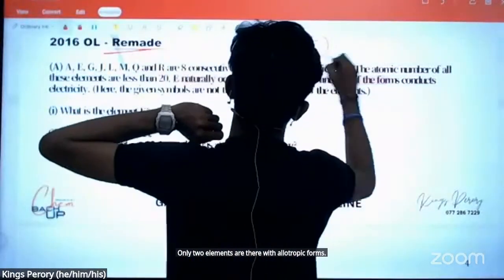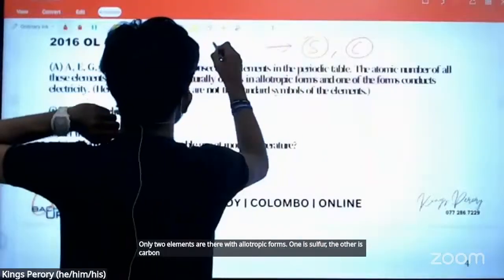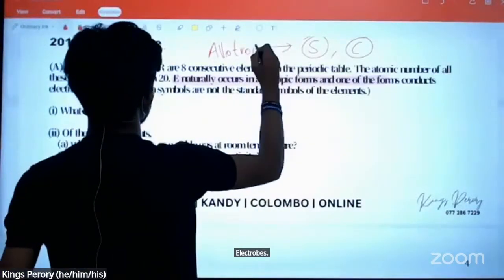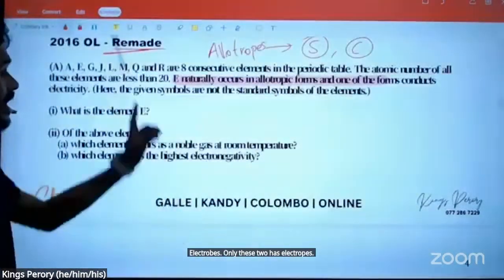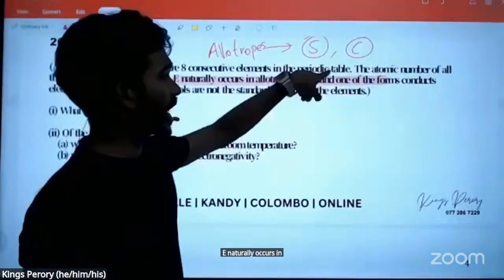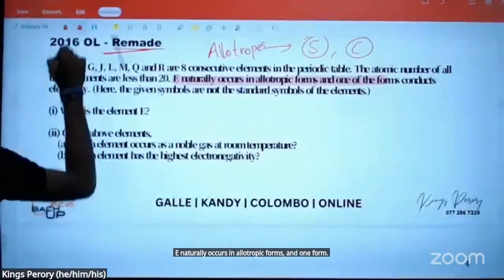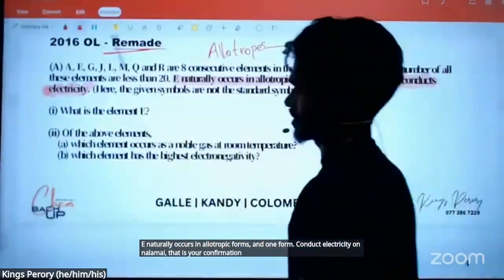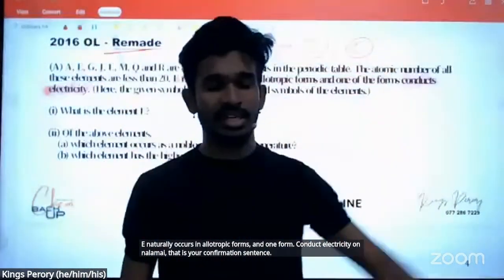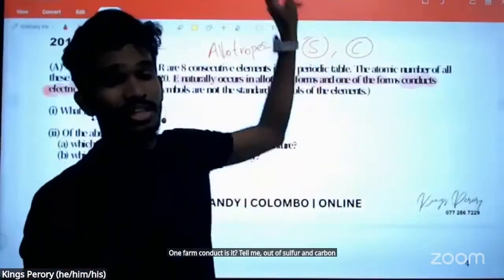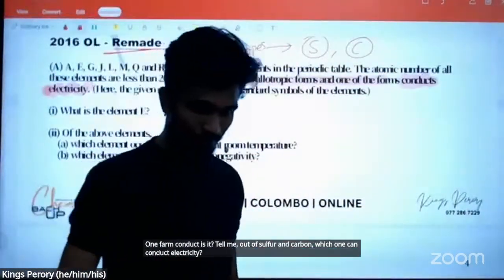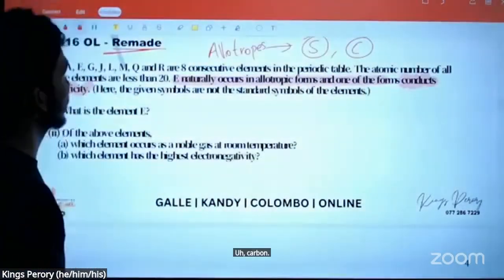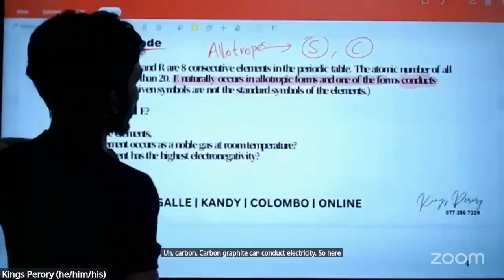One is sulfur, the other is carbon. Only these two have allotropes. E naturally occurs in allotropic forms, and one form conducts electricity. That is your confirmation sentence. Tell me, out of sulfur and carbon, which one can conduct electricity? Carbon. Carbon graphite can conduct electricity. So here they are talking about carbon.